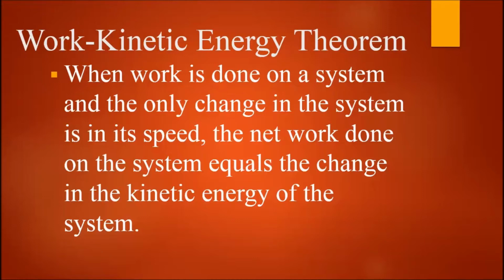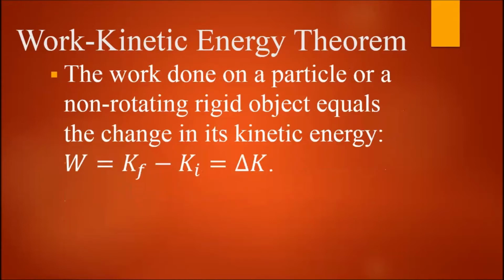Now, when work is done on a system and the only change in the system is in its speed, then the net work done on the system equals the change in the kinetic energy of the system. This is known as the work kinetic energy theorem. Now, for a particle or a non-rotating rigid object, we have the following equivalent statement. The work done on a particle or a non-rotating rigid object equals the change in its kinetic energy.